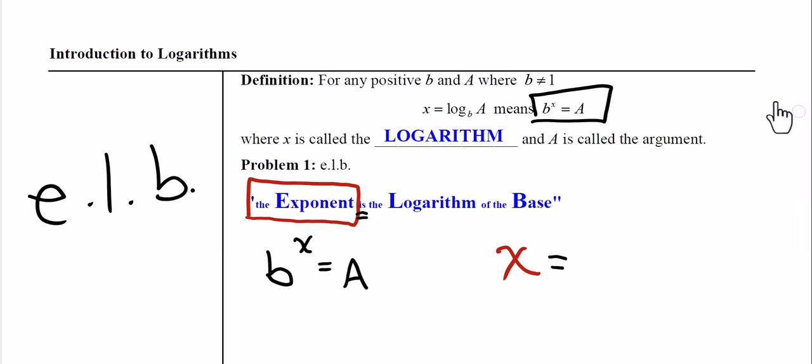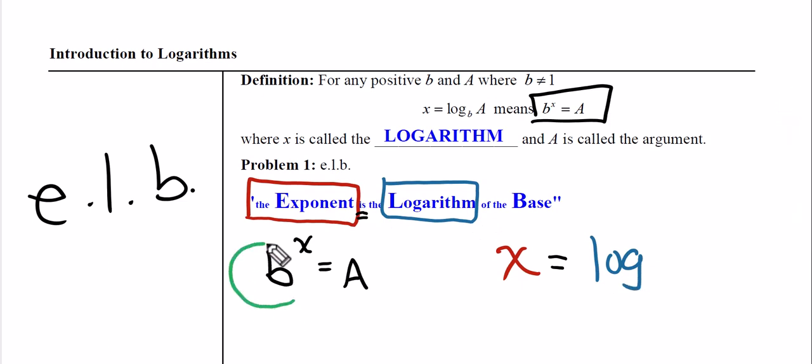What does logarithm mean? Oh, it just means I write the word logarithm. And if I look at this exponential, what is the base? This is the base, and that's the exponent. So the base goes right here. What's left over is the argument, and that goes right here.